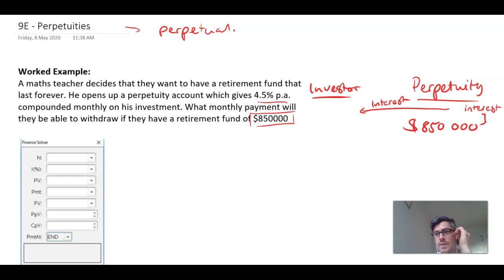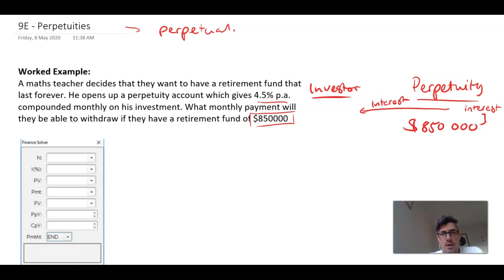If you've got enough invested, you can constantly get the interest from your perpetuity account and live off that money. So we need to work out how much interest that $850,000 is going to generate, and therefore what this investor's money is going to look like every month.